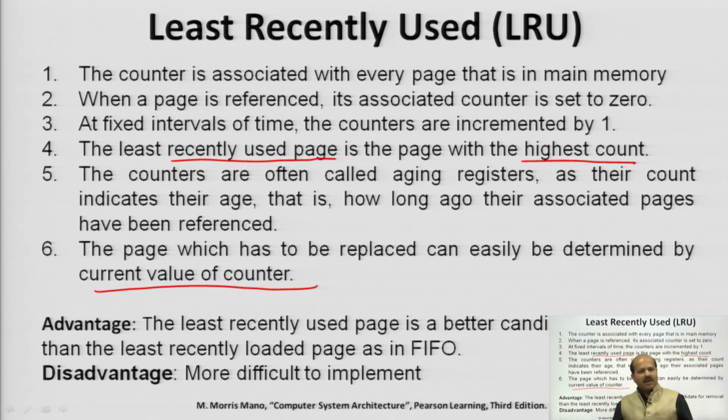There are some advantages and disadvantages of this algorithm as well. The advantage is that the least recently used page is a better candidate for removal than the least recently loaded, which is the FIFO algorithm. The disadvantage of this algorithm is that it is more difficult to implement in comparison to FIFO.